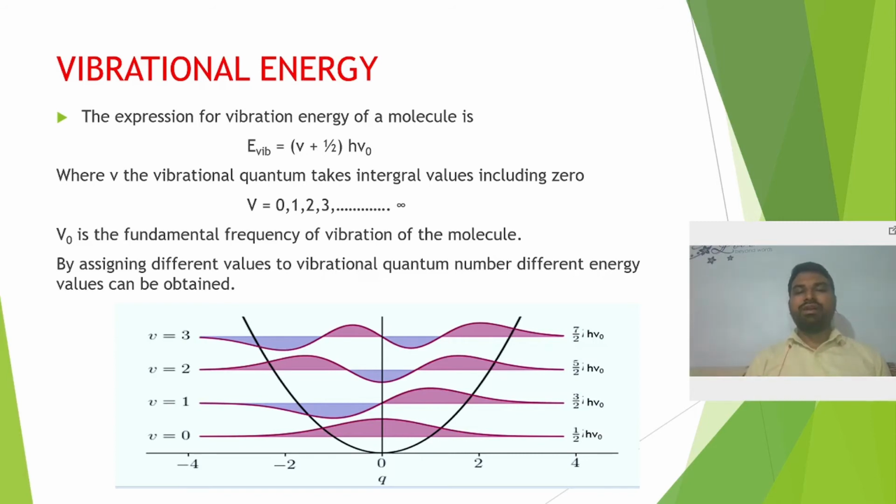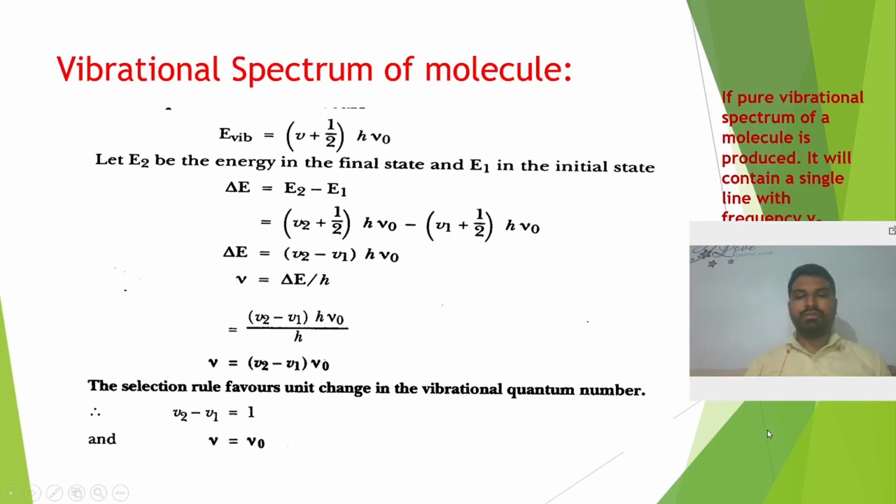By assigning different values to the vibrational quantum number, different energy values can be obtained. For v equal to 0, half h nu 0 will be the value, and for v equal to 1 it will be 3 by 2 h nu 0.